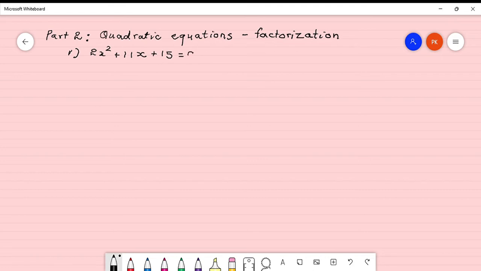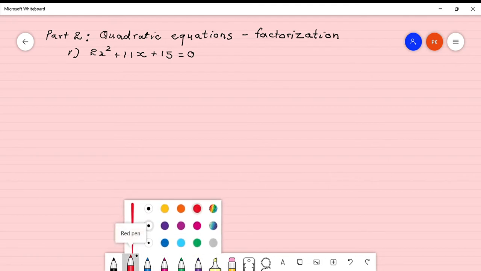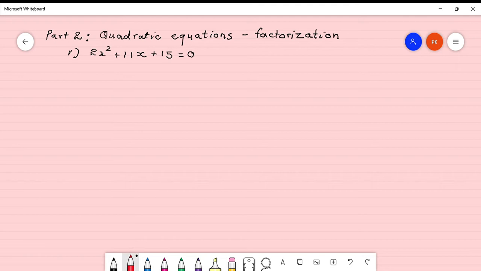Now, the method of factorization will remain almost the same, but here the difference is that there is a coefficient to the x squared term. In this problem, the coefficient of x squared is 2 and the constant is 15. So my first step will be, I will multiply the constant with the coefficient of x square, that is 30.